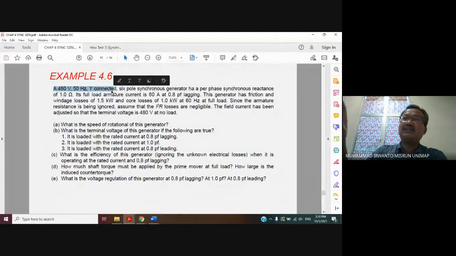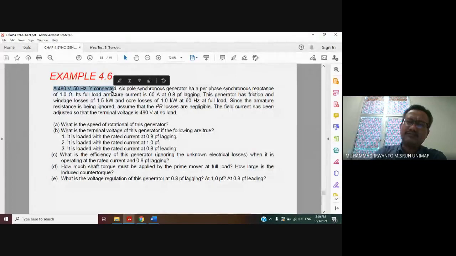It means it is the line to line voltage. Line to line voltage. Later for Test 3, I will give the waveform. Here it is given, so look at the value of the line voltage given by this one.